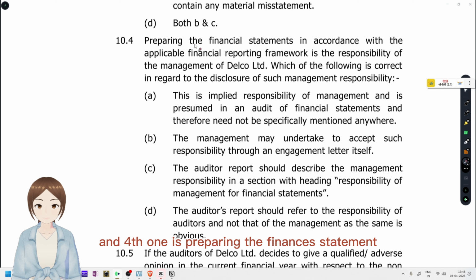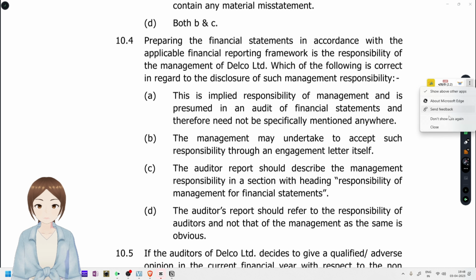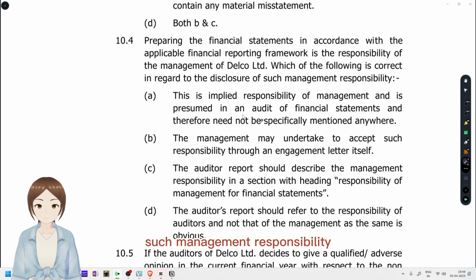And the fourth one is: preparing the financial statements in accordance with the AFRF is the responsibility of management. Which of the following is correct with regards to the disclosure of such management responsibility? Is it an implied responsibility of management, presumed in an audit of financial statements and therefore need not be specifically mentioned?